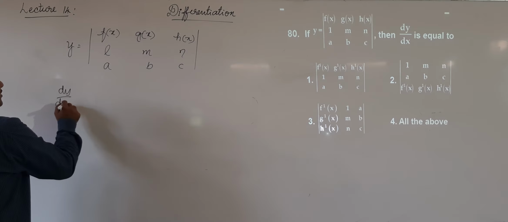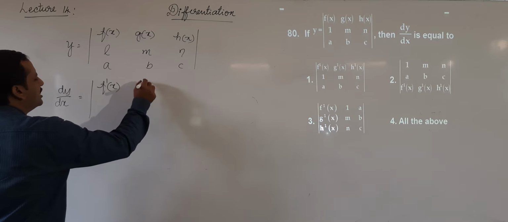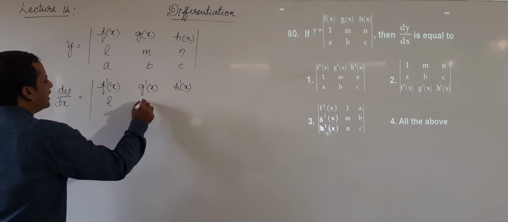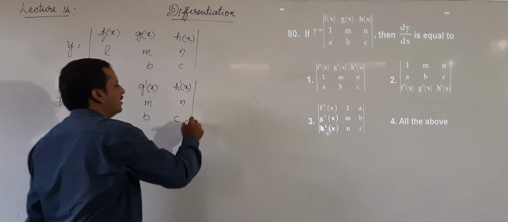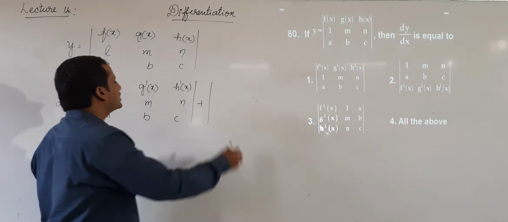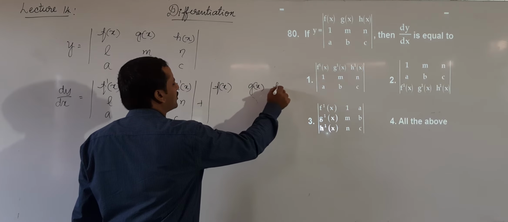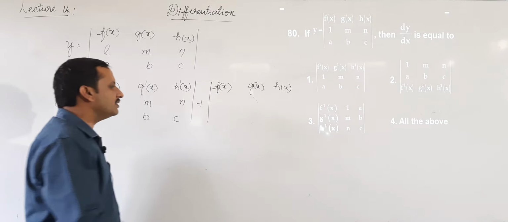dy by dx will be equal to, now differentiate the first row, f dash of x, g dash of x, h dash of x, keeping second and third rows as it is, L, M, N, A, B, C, plus. Now you differentiate the second row by keeping first and third as it is, f of x, g of x, h of x. The second row consists of L, M, N, which are constants.